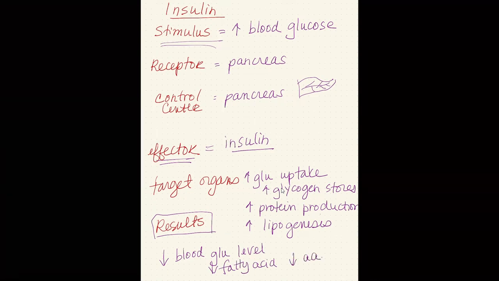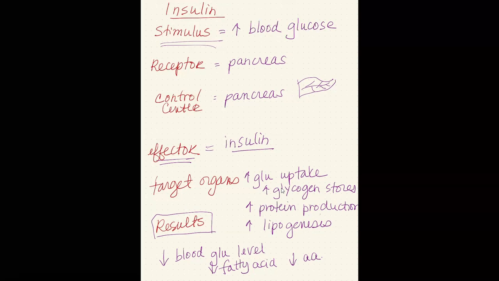They say that insulin reduces all of the fuel molecules. So increased blood glucose is the stimulus, the pancreas is the receptor and the control center, and the effector is the hormone because it causes the changes to occur in the cells.